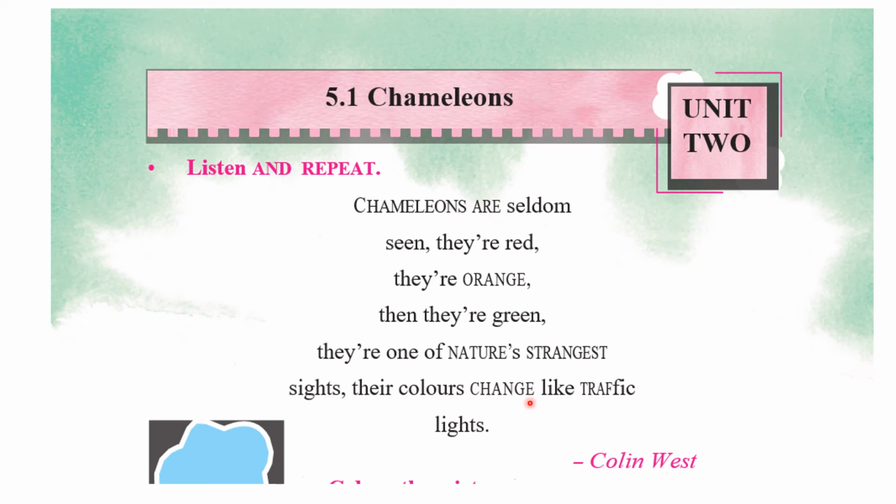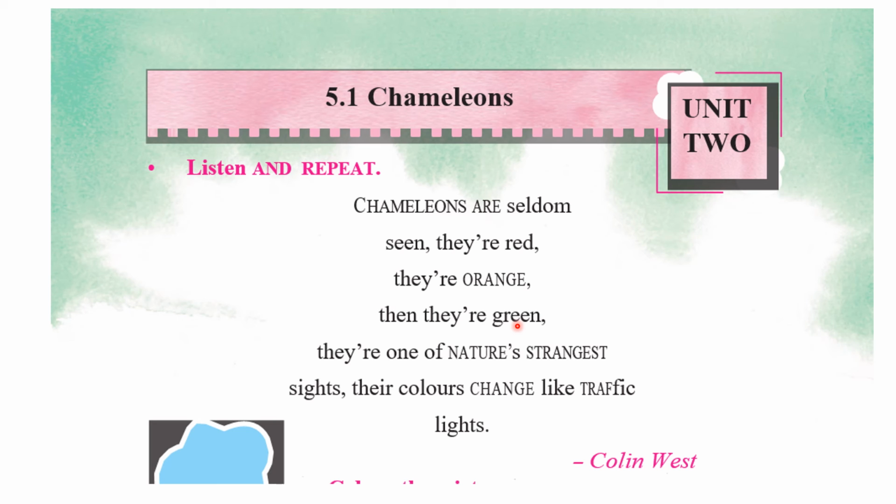Their colors change like traffic lights. The poet is trying to say like how a traffic light changes from red, orange and green, a chameleon can also change its colors. But they only don't change it to red, orange or green. They sometimes become blue, purple. It all depends on the environment. You know, children, a chameleon can change its color because of its mood.